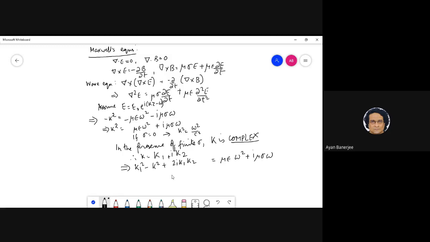But let me just quickly finish this. How do I solve this? I will take the real term separately and the imaginary term separately.